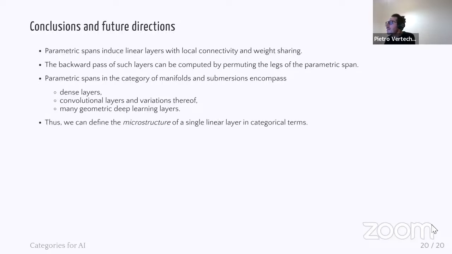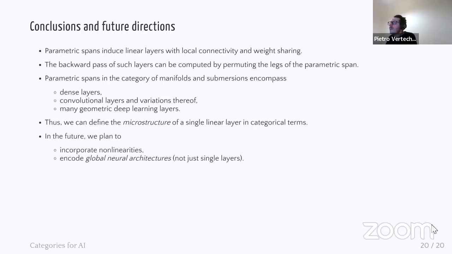And I think the upshot of this, which was a bit of a surprise to me, but a positive surprise, is that we can not only use category theory to see how layers are connected, but we can really use it at the macroscopic level to define the macrostructure of a single linear layer in categorical terms.